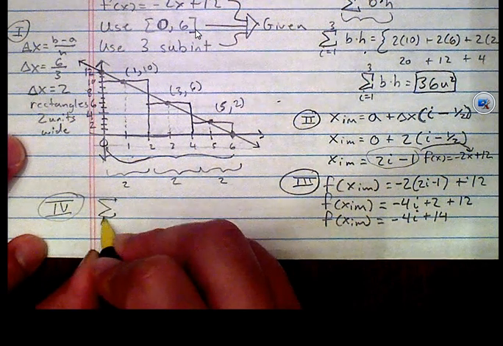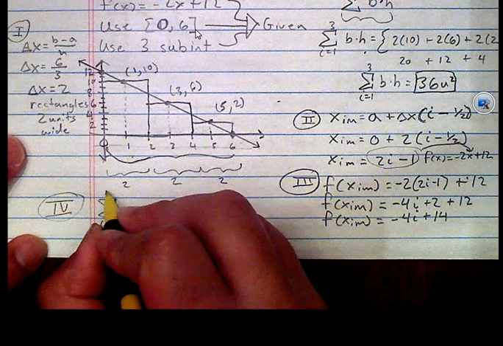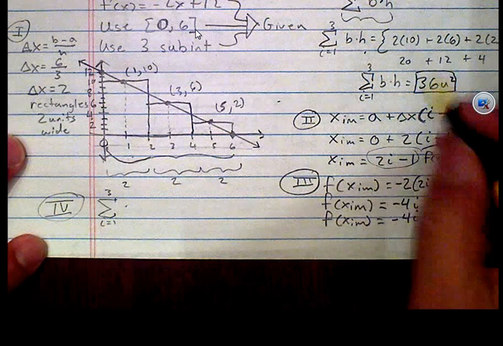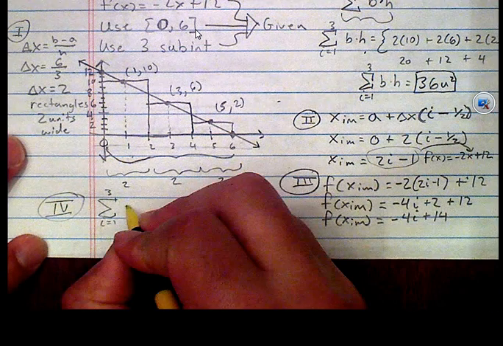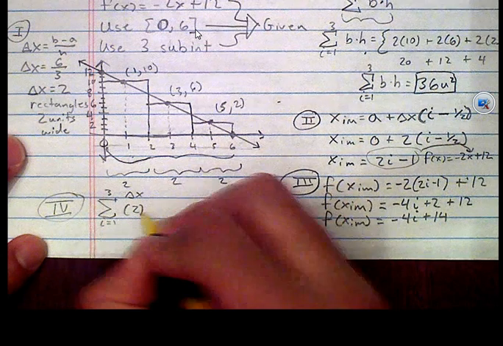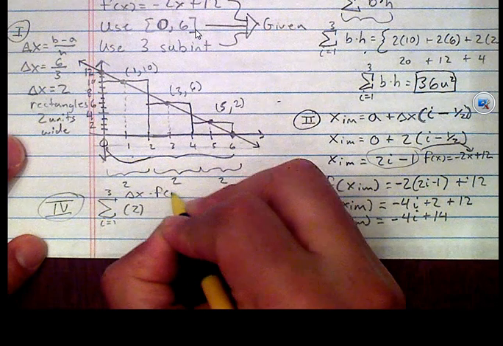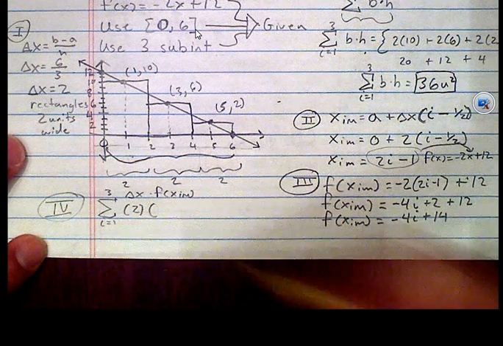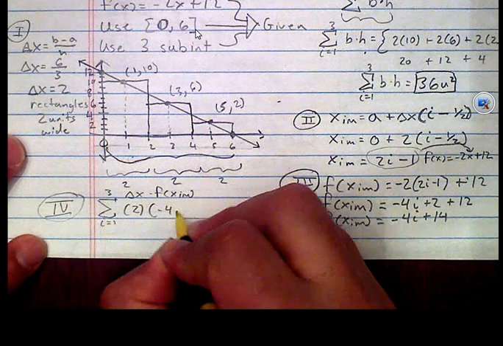Summation from i equals 1 to 3. We're adding up 3 things of delta x, which is 2, times f of x of i m, which is negative 4i plus 14.